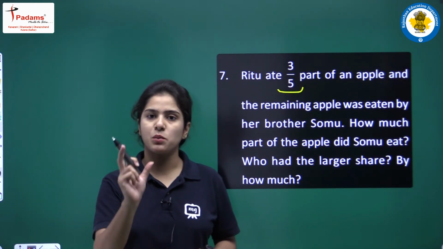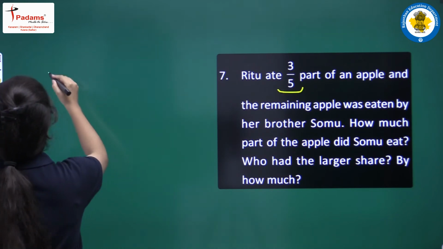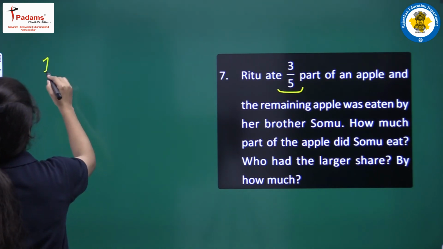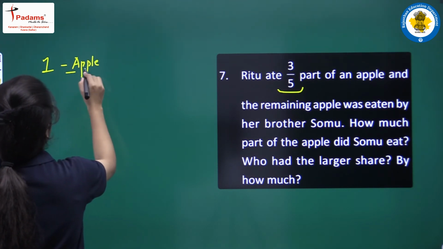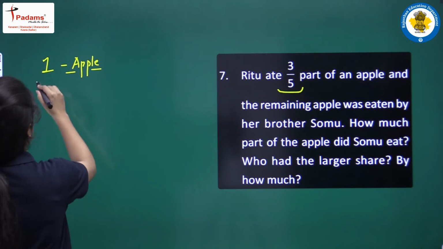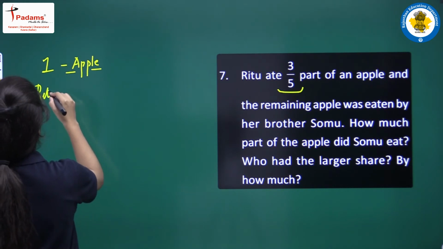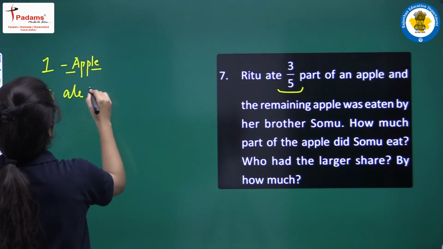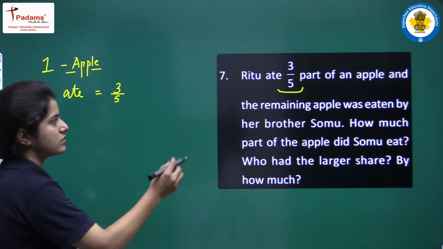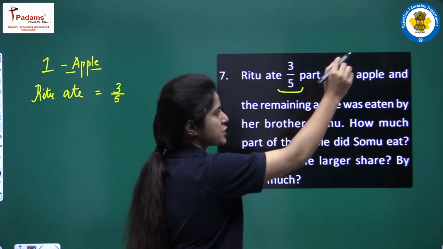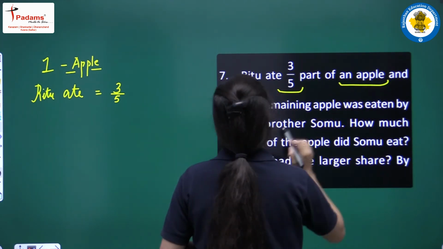If the whole apple was 1, the complete apple was 1 apple, right? So out of that 1 apple, Ritu ate 3 upon 5th part of an apple, a single apple, right?